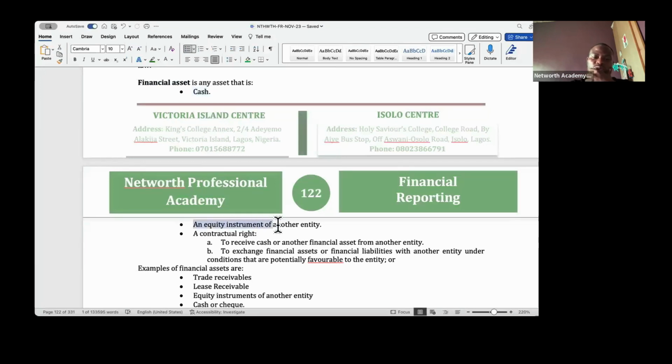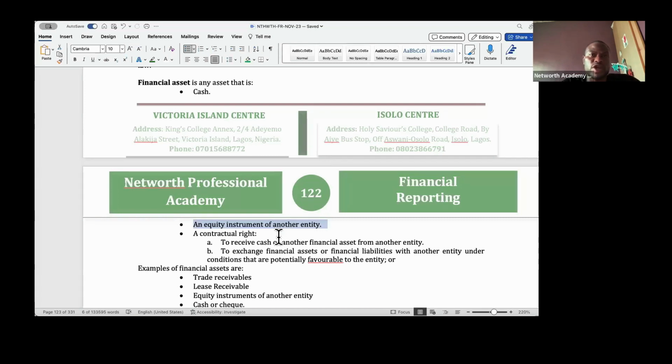Financial asset is also an equity instrument of another entity. And what this simply means is investment in shares. When you buy shares of another company, maybe MTN or Dangote, in 2021, when MTN came out with their initial public offer, a lot of people bought into it and became shareholders of MTN.